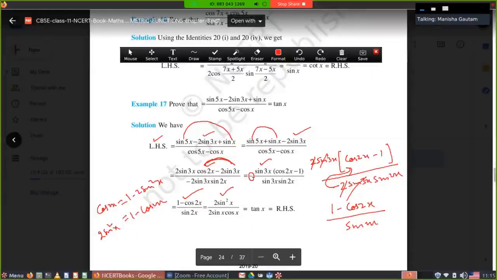Here it is 2 sin square x, and the sin 2x formula you have studied, that is 2 sin x into cos x. 2 is cancelled, sin is cancelled, sin upon cos is left, that is tan x. It is the right hand side.